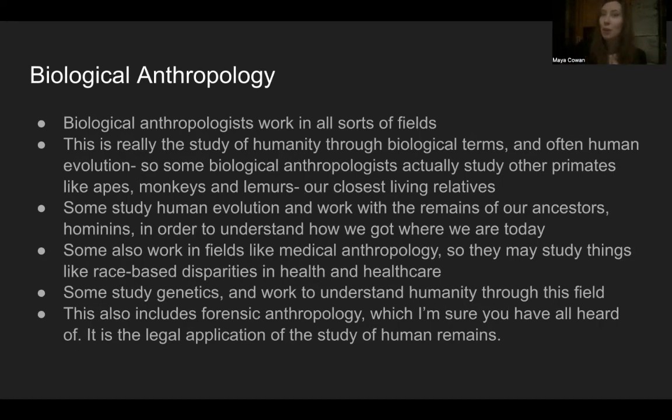Other biological anthropologists study our closest non-living relatives, like hominins, such as Neanderthals and Lucy the Australopithecus, and all of these sorts of things. You might have learned about it a little bit in high school, but biological anthropology is where you would want to study if that's what interests you.